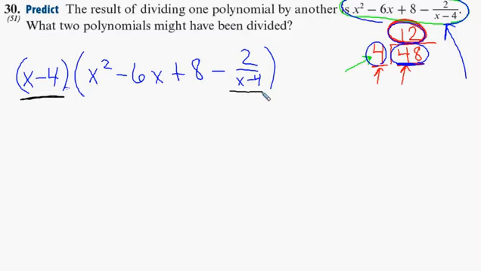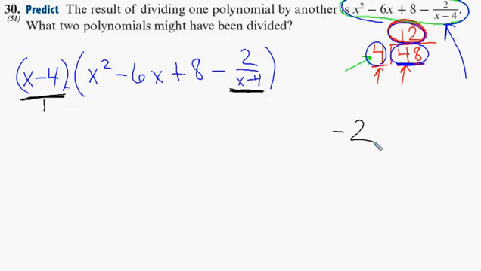Technically that's x minus 4 over 1, so this x minus 4 is going to cancel with the x minus 4 in the denominator because I'm multiplying. Which means when I multiply this first term times this last term, all I'm left with is negative 2.